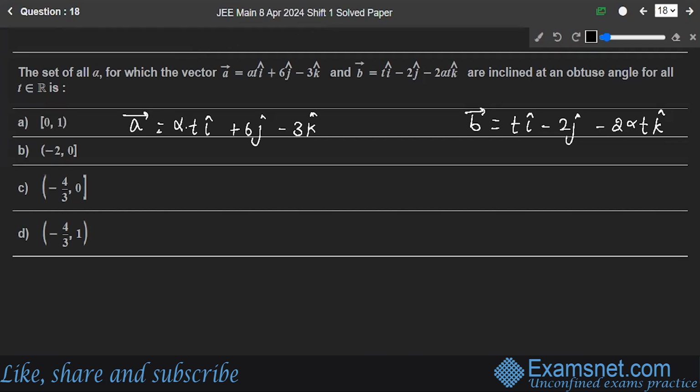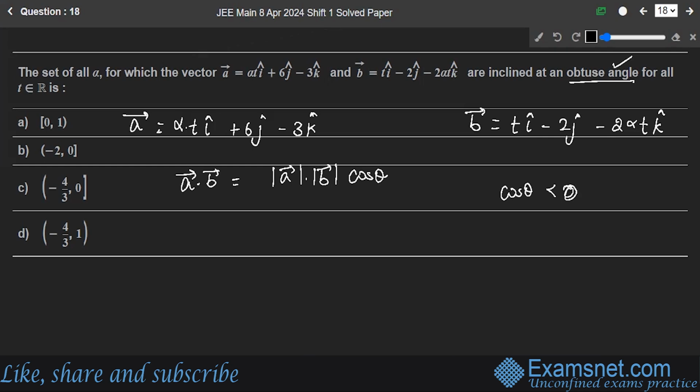Right. Now you're given that they are inclined at an obtuse angle. So for an obtuse angle, first of all, if I take the dot product of A and B, this is equal to the magnitude of them multiplied by the cos of the angle between them. Now you're given that they are making an obtuse angle, so cos theta will be negative, less than 0.